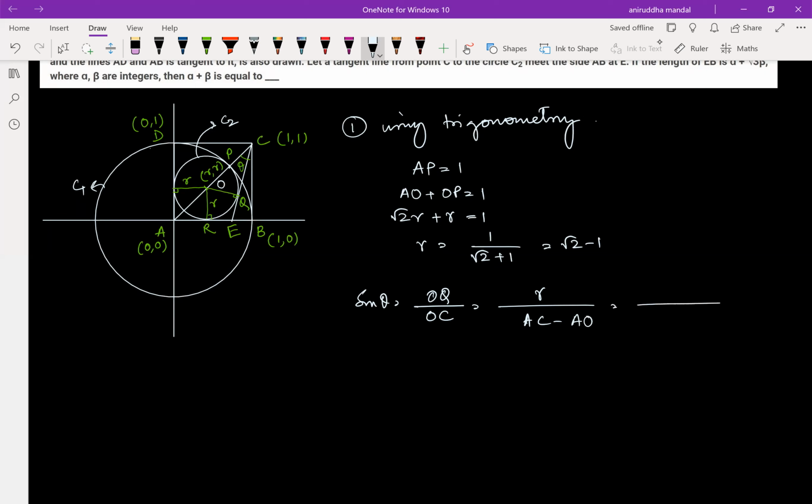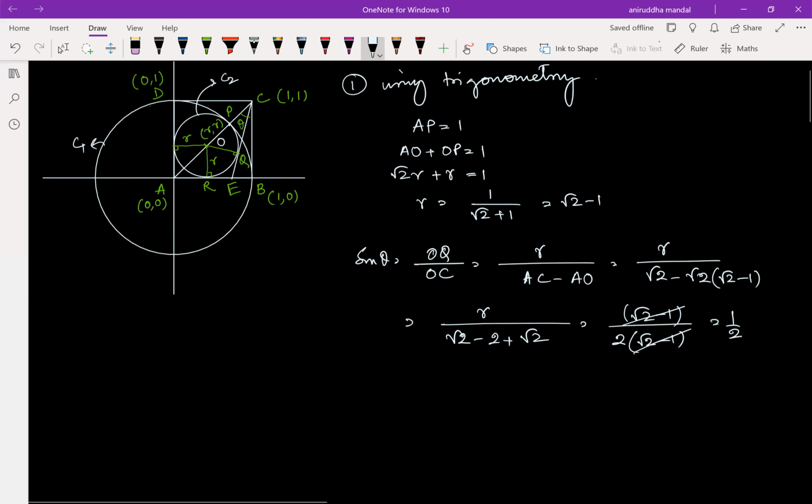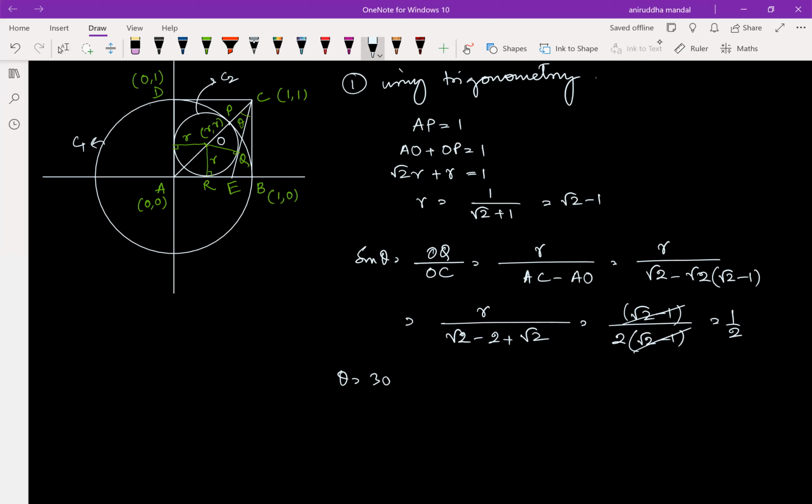AC is root 2 and AO is root 2 r, with r being root 2 minus 1. So this can be written as r over root 2 minus 2 plus root 2, so this is 2 root 2 minus 2, which is 2 times root 2 minus 1. The radius is root 2 minus 1, so this will get cancelled. So sine theta is half, which means theta equals 30 degrees.